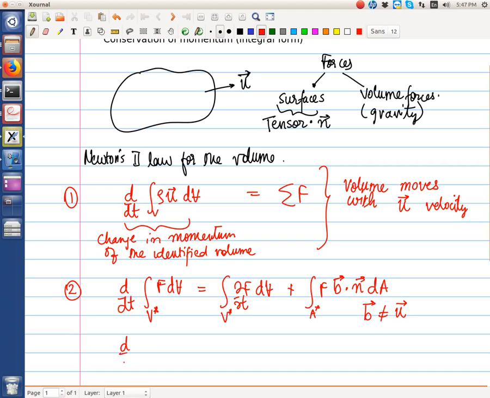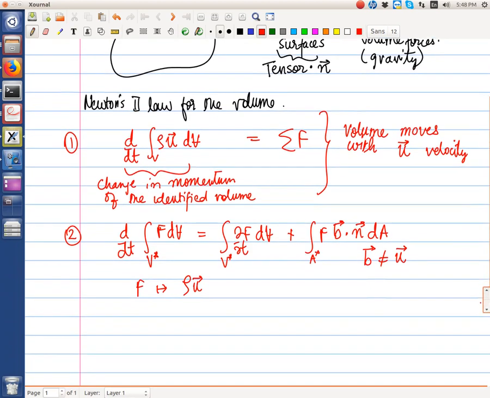And we also have d/dt of the integral of f dV. So let us substitute f by rho u. Rho u represents the momentum.